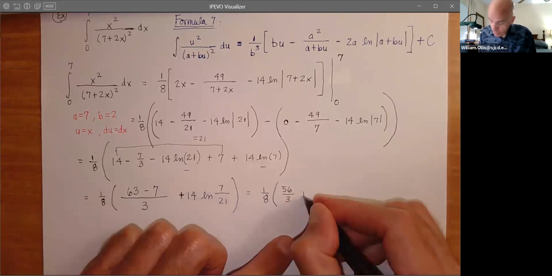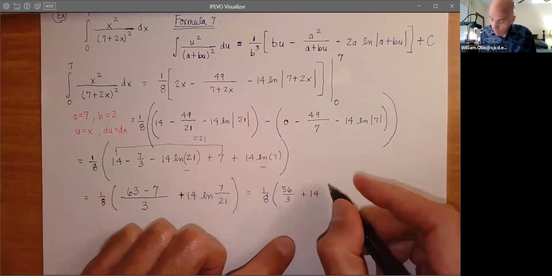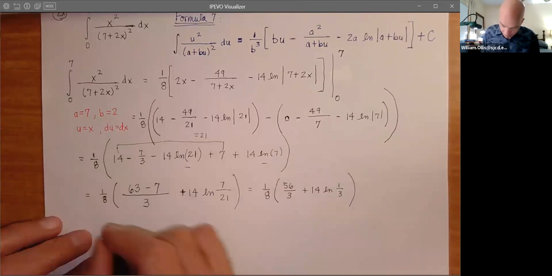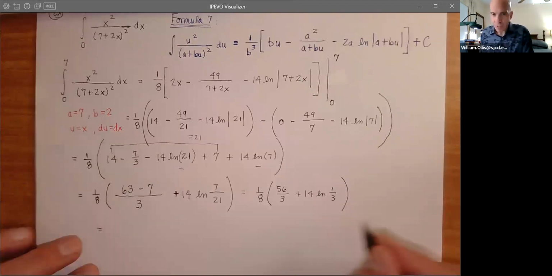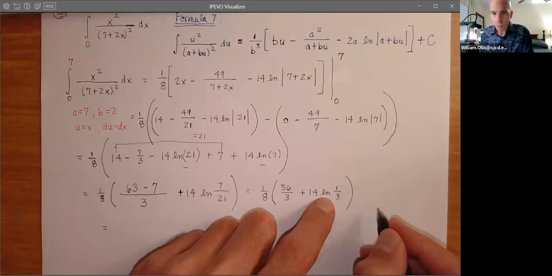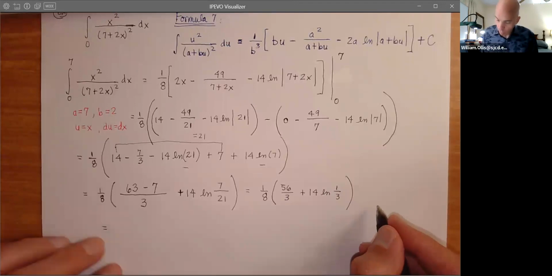And then we have plus 14 natural log of 1/3. Now, it doesn't really matter, you've got the reciprocal here. Log of 1/3 is just negative log of 3, but you can leave it like that if you want.